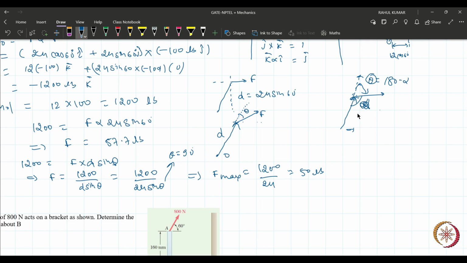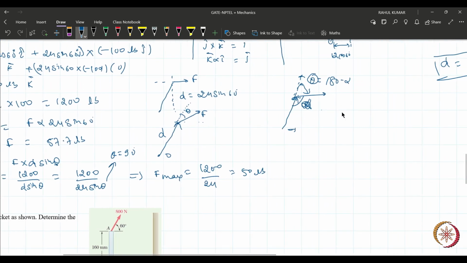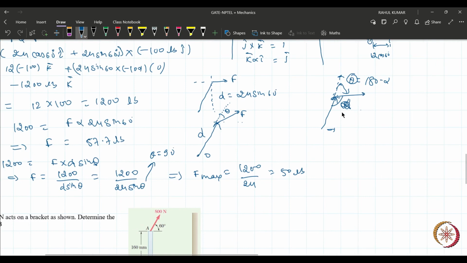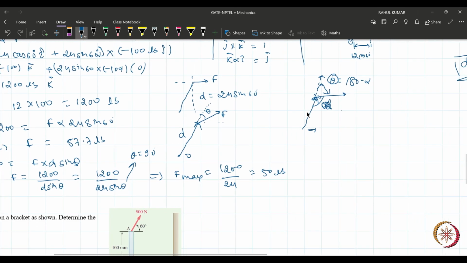Yes, sir. But can we say that the product is F into r sine alpha? Actually, can we take that alpha as the theta, the angle between the position vector and force?